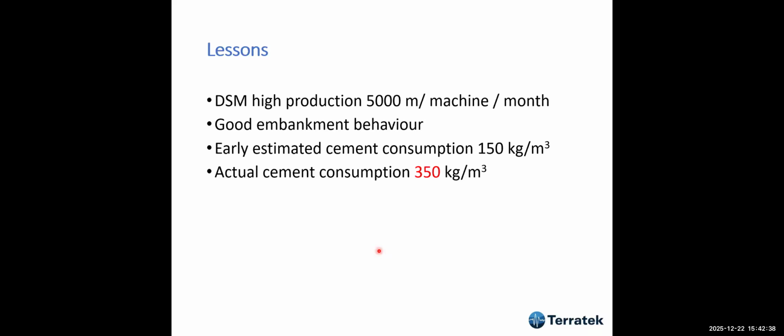So the behavior of the system was excellent, but we needed to increase the cement consumption. And so the need for initial dosage studies, and we did that, but not enough.